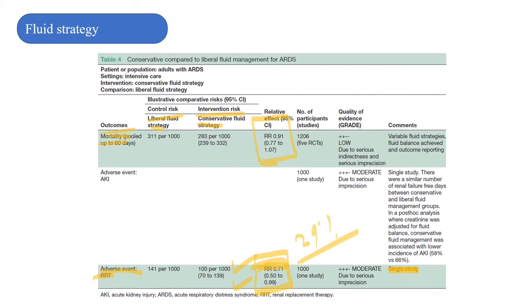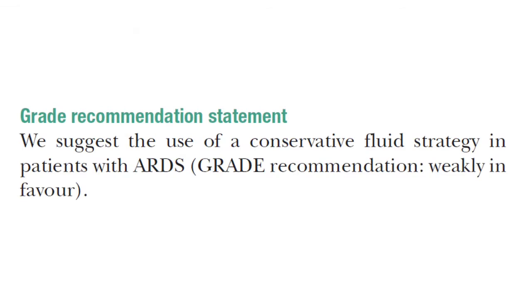The confidence interval is from 1% decrease to 50% decrease. According to this, they suggested the use of conservative fluid strategy in patients with ARDS. The conservative fluid strategy was identified by some negative balance during the first week of admission.